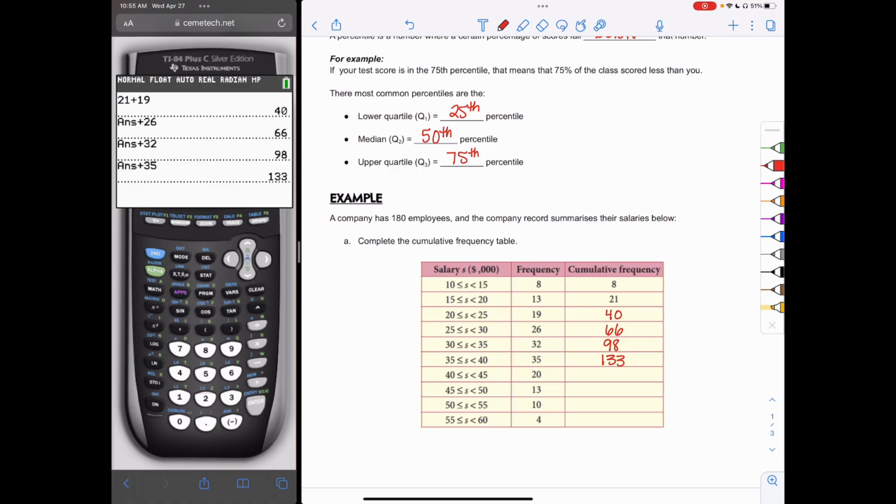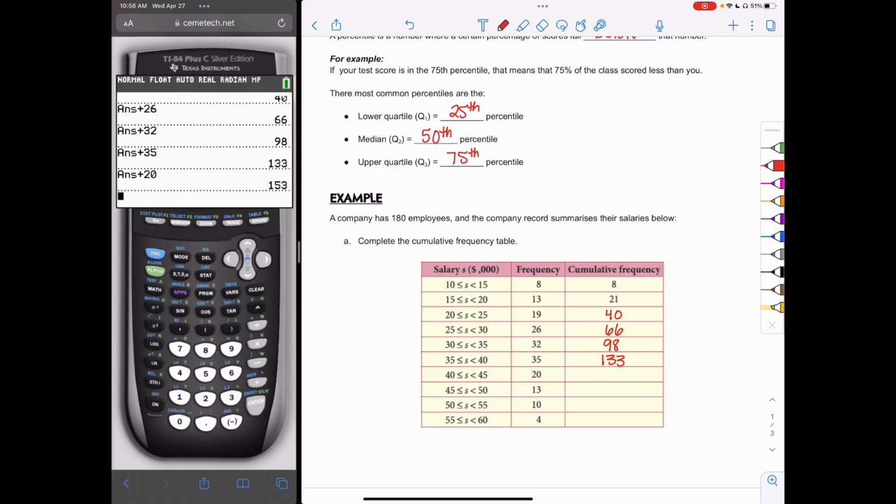Then 133 plus 20, which is 153. Then 153 plus 13, which is 166. And then we add 10 to it, which is 176, and then add 4, which gives us 180 here. So this is my cumulative frequency. Anytime you get to the end of your cumulative frequency, that total should match the total that was given to you in the word problem prompt.